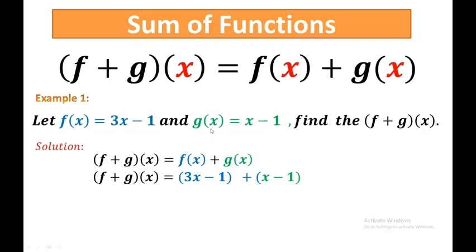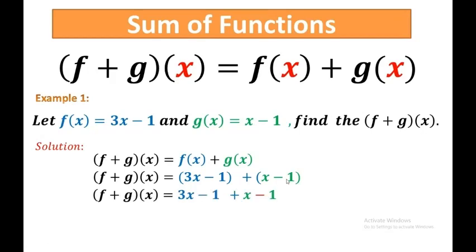Our g of x is equivalent to x minus 1. So we change the g of x to its indicated value from the given, which is x minus 1. We now have 3x minus 1 plus x minus 1.